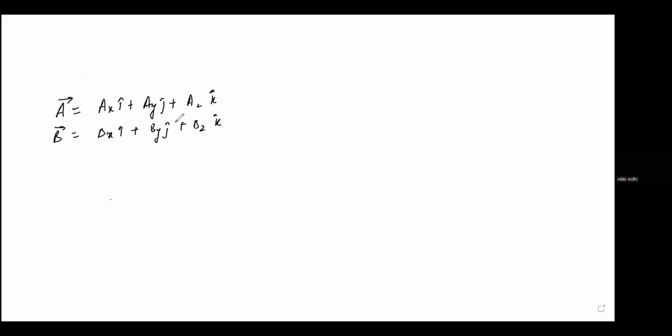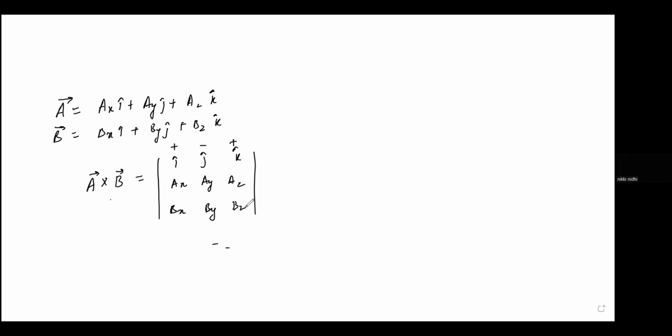So if they're given in component form, which most of the cases it will be, a cross b will be given by the determinant. You need to write i, then j, then k, then write plus, minus, plus. Write the first vector's components ax, ay, az. Write the second vector's components bx, by, bz in the same arrangement.